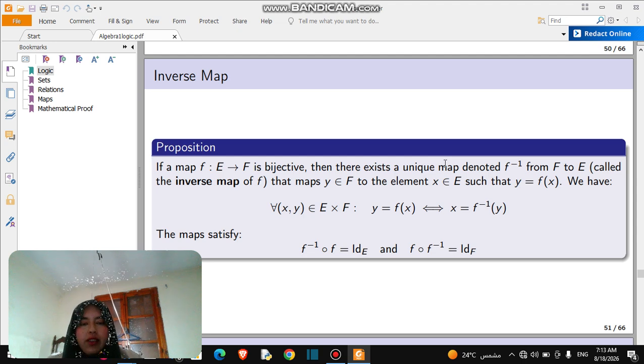And if we take the couple x, y, where y is in F and x is in E, y equals f of x is equivalent to x equals f^-1 of y.